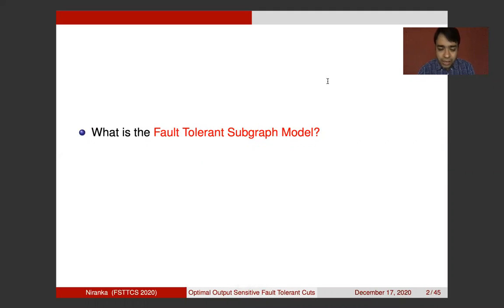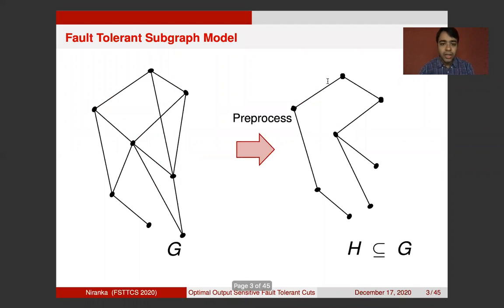So let's start with what exactly the fault tolerant subgraph model is.